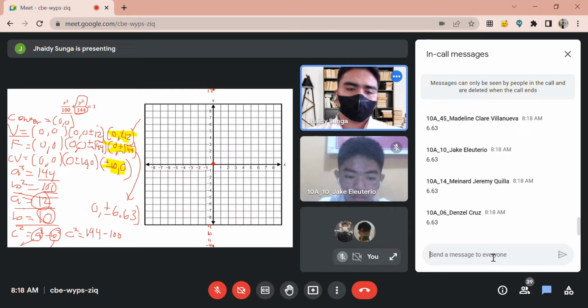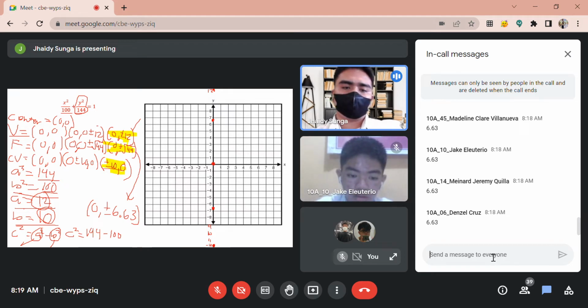You're going to plot 6.63, so let's just say your foci are here and here. So these are your vertices, foci, foci, and vertices.